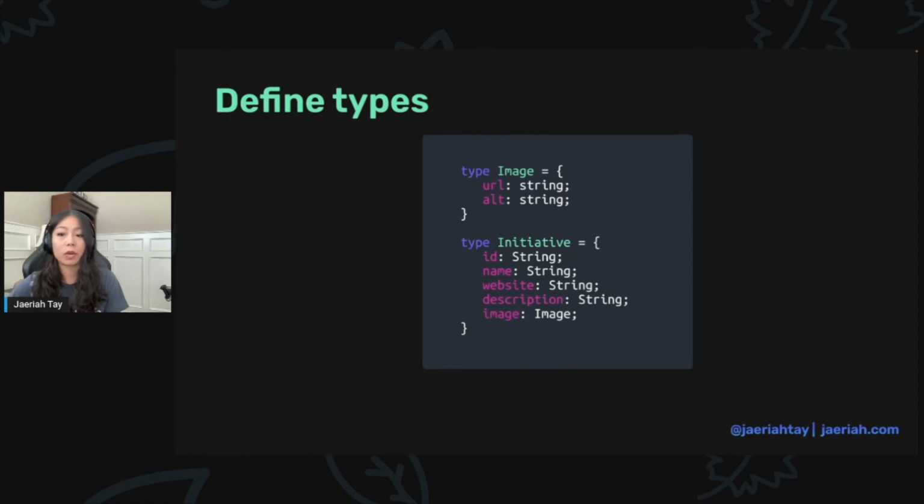The validation of the query will be done against the initiative type and the image type as well, as it is one of the nested field properties of initiative. If we ask for, say, an article field in our query, the GraphQL server would respond with an error outlining that the article field simply does not exist on the initiative type.